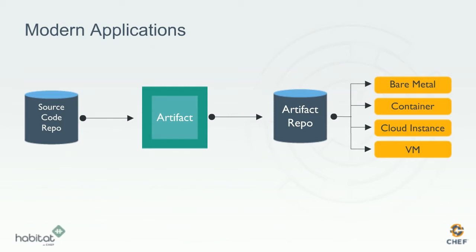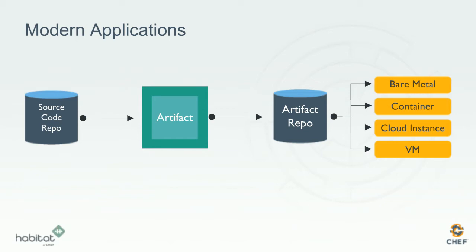Once they've got their application code to a sane place and they've tested it locally, their next step is to plug that into a source code repo. In an ideal world, that source code repo is probably attached to a continuous integration and continuous build system that should generate an artifact from that source code. Once you've got that artifact, that same system is very likely to push that artifact into a repo. Those artifact repos can be things like Nexus, or maybe the Docker Hub if you're working in the container space.